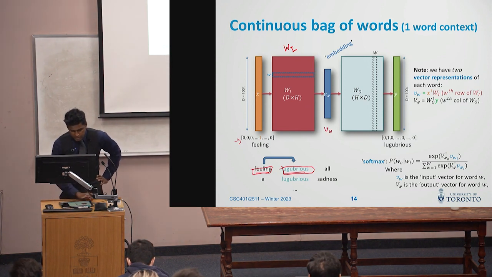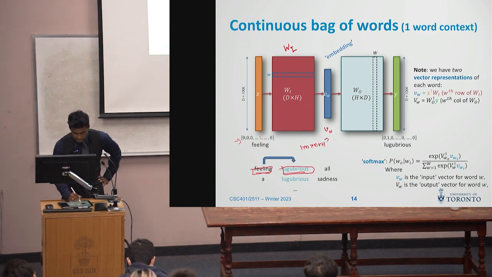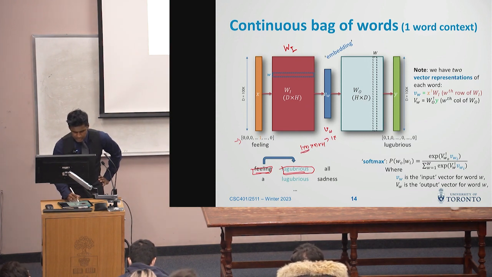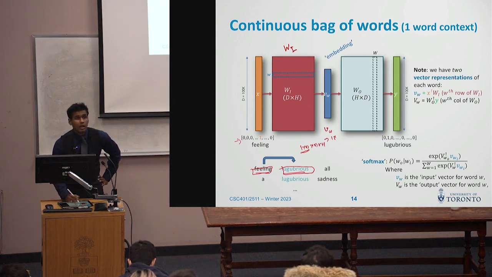Can someone tell me what would be the dimension of V_W here? V_W equals X transpose times the embedding matrix. So what's the dimension for V_W in this case?